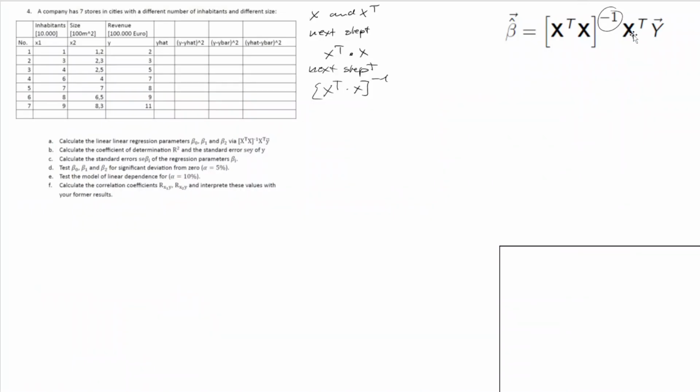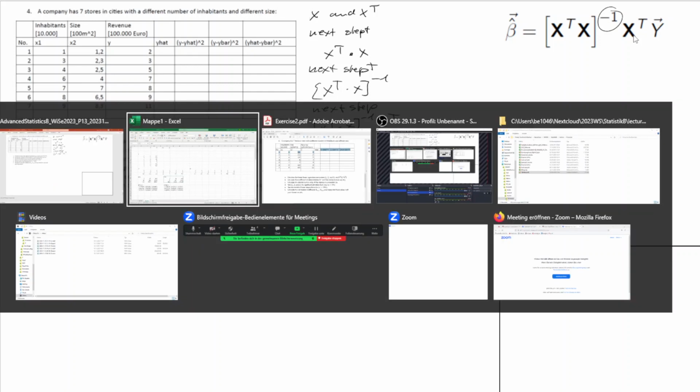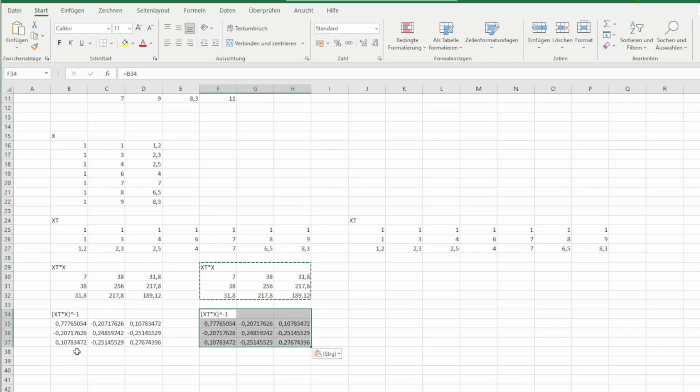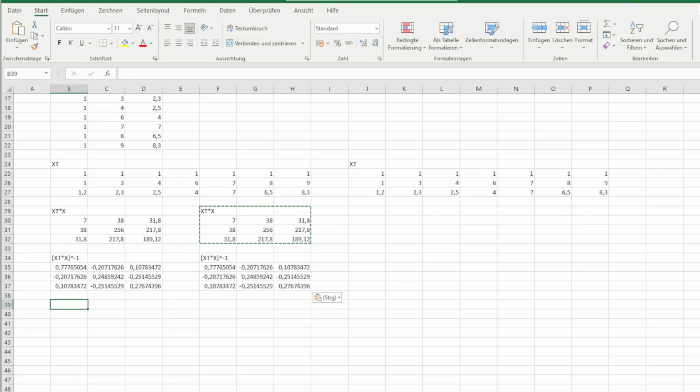Because what else do I need? This inverse function I have to multiply with the transposed matrix again. So next step is xt x minus 1 xt. This is again a matrix multiplication.